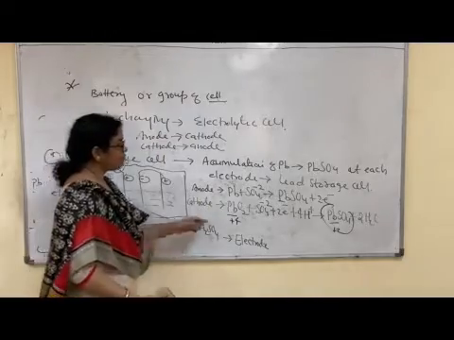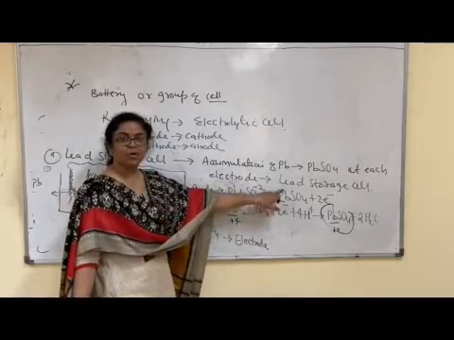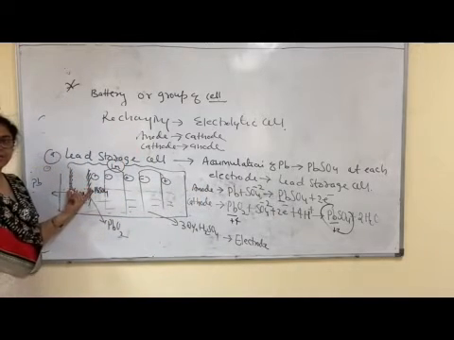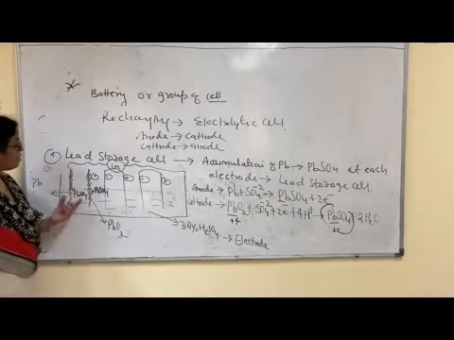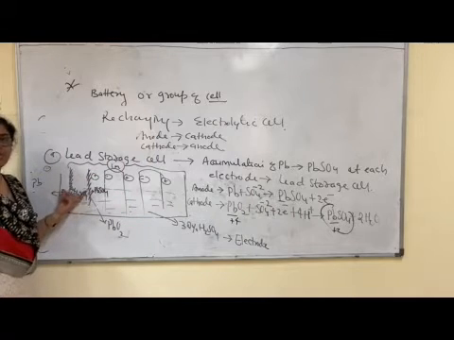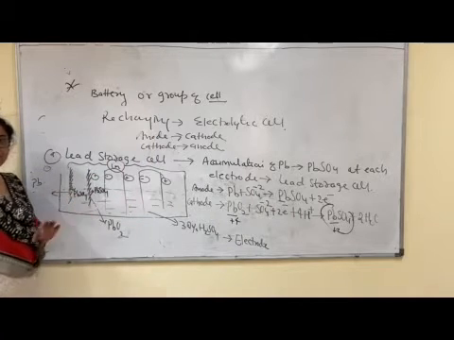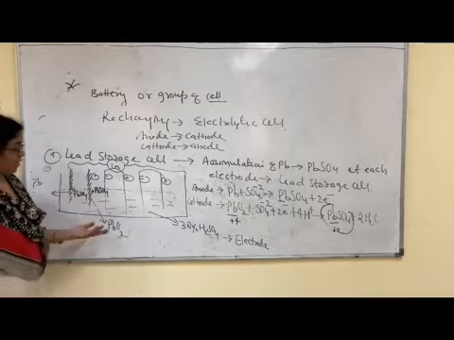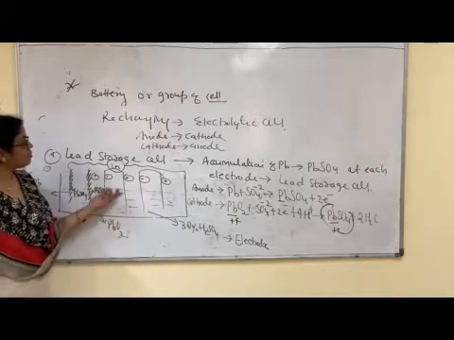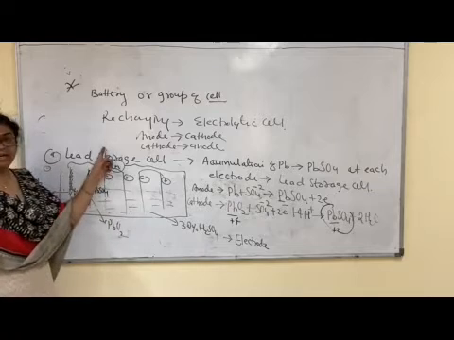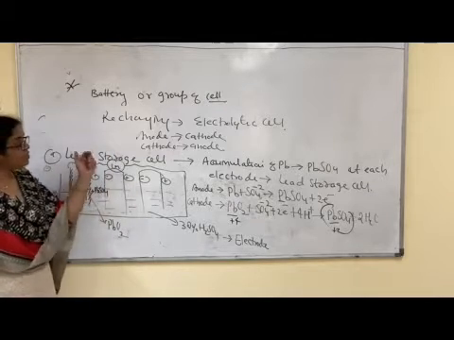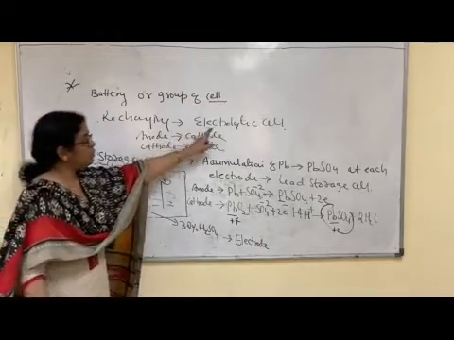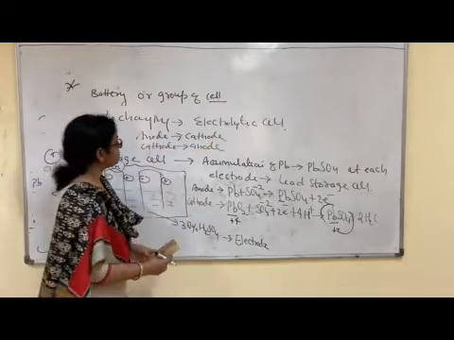Right? In this manner, what happens, children? This thin coating of lead sulfate is dissolved at each electrode. And again, in the third state, the cell will act as an electrochemical cell. Right? So this is the conversion of the cell from one state into another state. Before the dead state, the cell acts as an electrochemical cell, and during recharging in the dead state, the cell acts as an electrolytic cell.